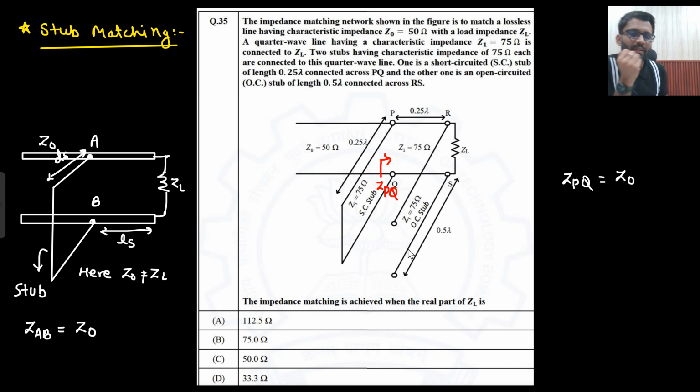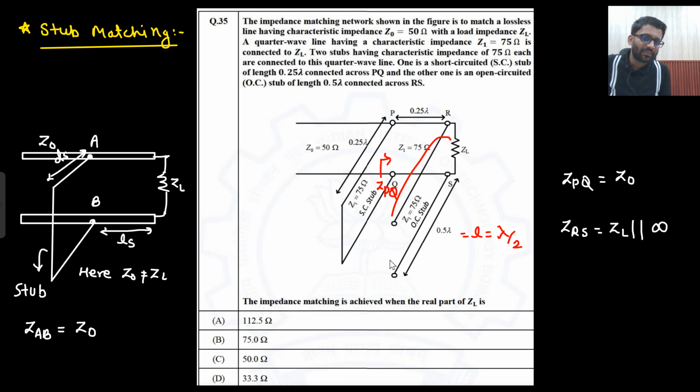Now this is your open circuit stub. What will be the equivalent ZRS? At ZRS you have ZL, in parallel with infinity impedance. Why is that so? Because this length is 0.5 lambda, that is lambda by 2, and in lambda by 2 the open circuit will be copied here.